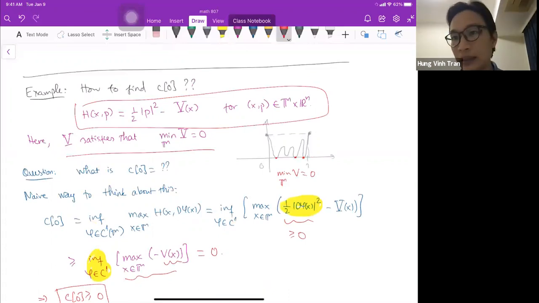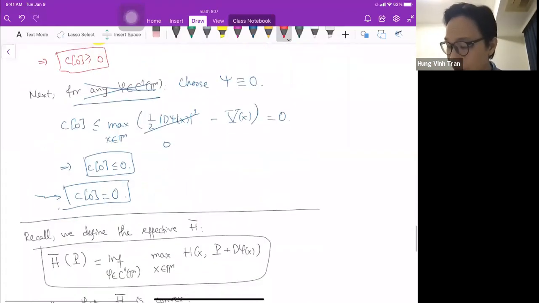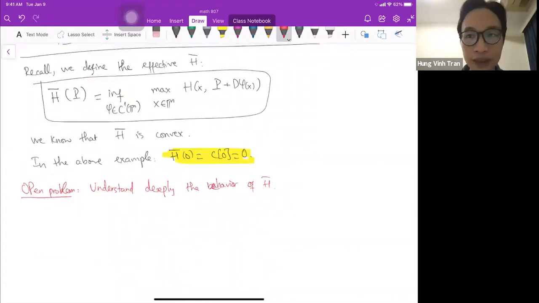In 1D you have a certain implicit formula, but in general you don't. H bar is convex, so it's differentiable almost everywhere, and also twice differentiable almost everywhere. But its set of singularities can be a Cantor set or something very complicated.